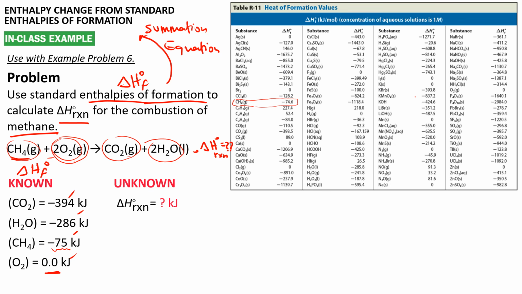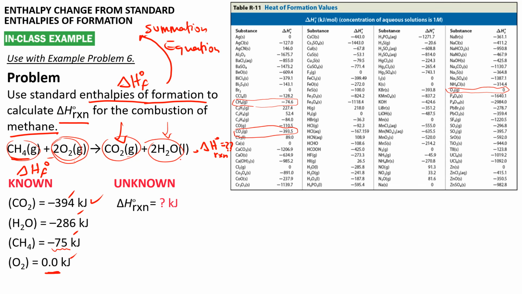If you look for oxygen, here it is. It's 0, guys, right? Now, CO2 gas is here: minus 393.5, which is minus 394 if we round it.